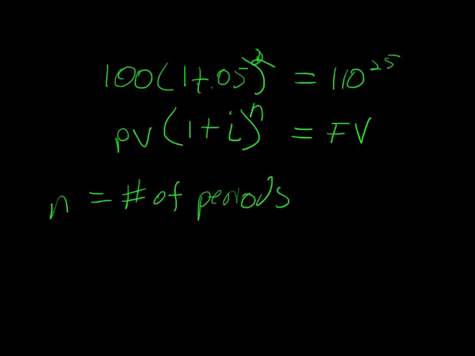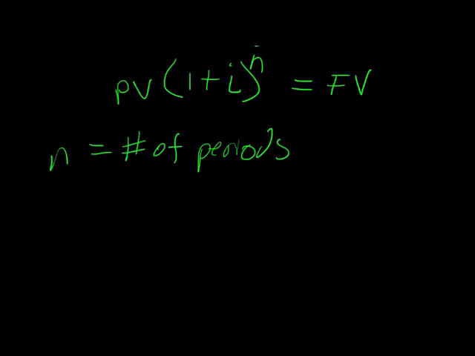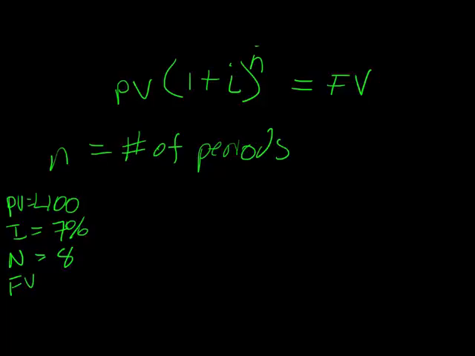So if I were to tell you, what would happen to $400 today, remember our cheat sheet, present value is 400, i is 7% per year, and n, I left it in for 8 years, then what would be my future value?